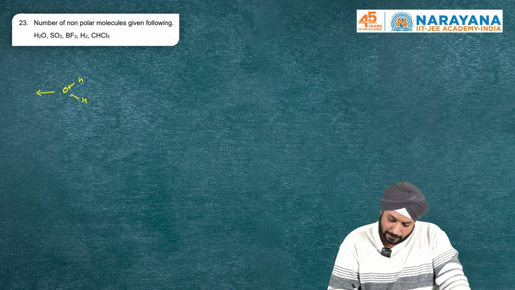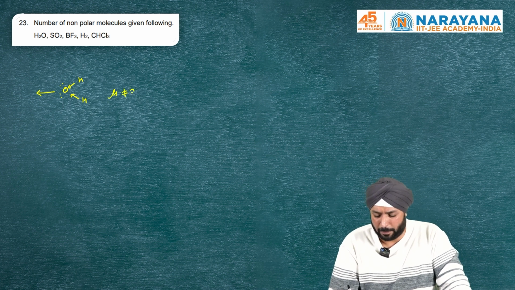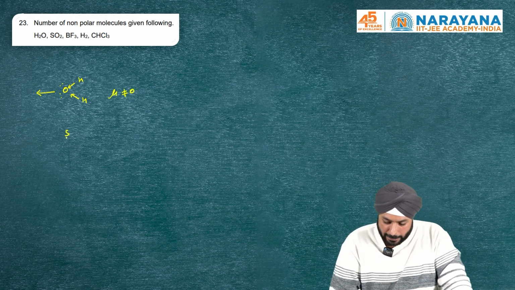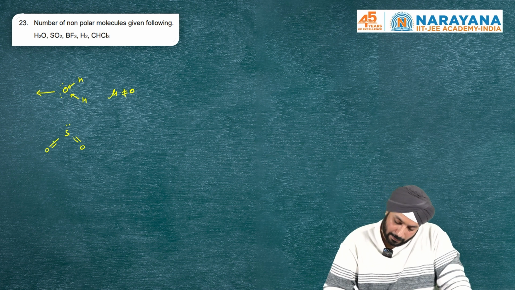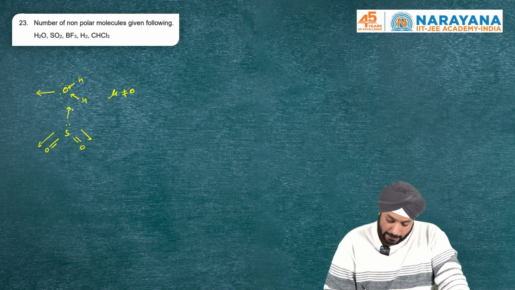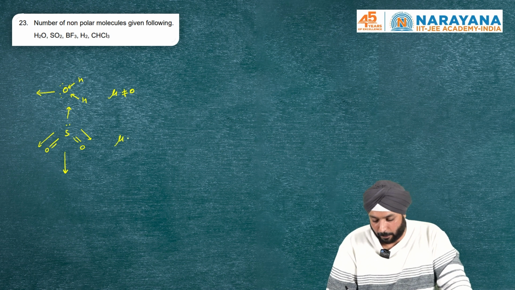And yeah, H2O has net dipole moment, so net dipole moment will not be equal to 0. SO2 again contains a lone pair and bond pairs. Again, this will be towards oxygen, and here towards lone pair. The net dipole moment will be towards oxygen, and hence net dipole moment will not be equal to 0.